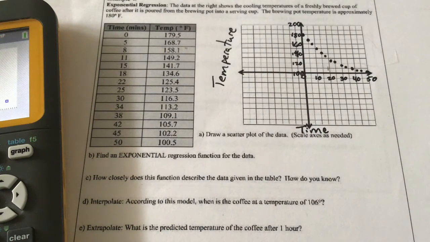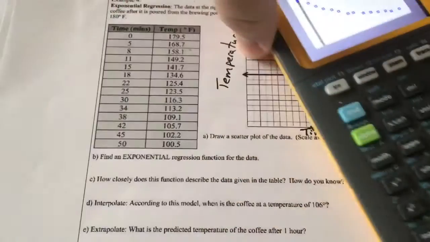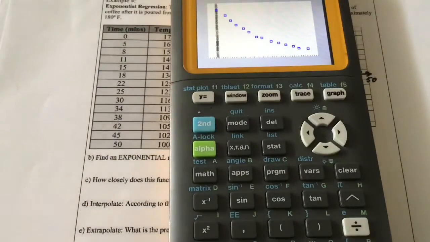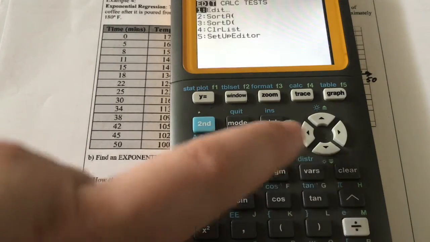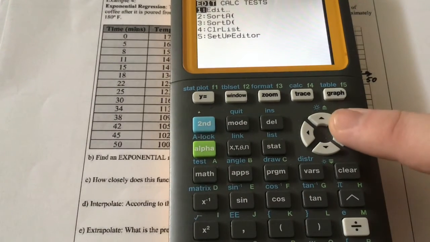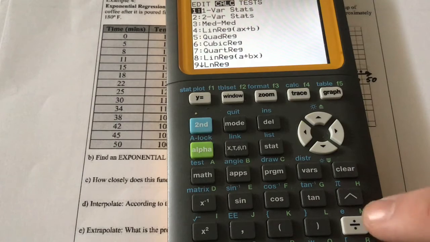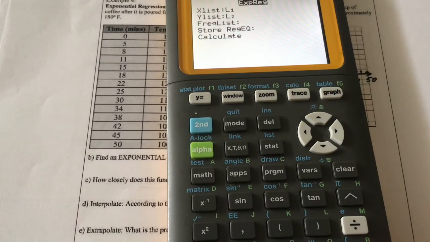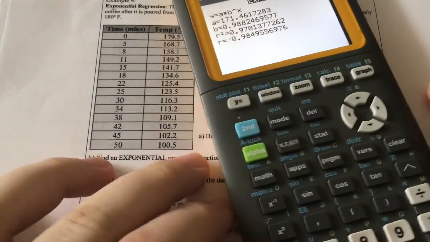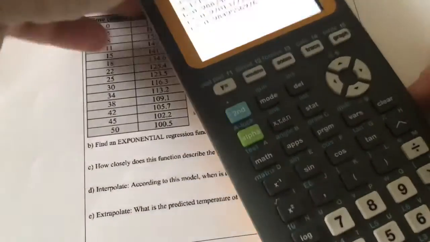Now what I want to do is the other parts of this problem. B says find the exponential regression for the function. You guys should know how to do that by this point, but just for the sake of me walking through this, we're going to go stat calc and then option 0 for exponential regression. And then we find that y equals a times b to the x power.